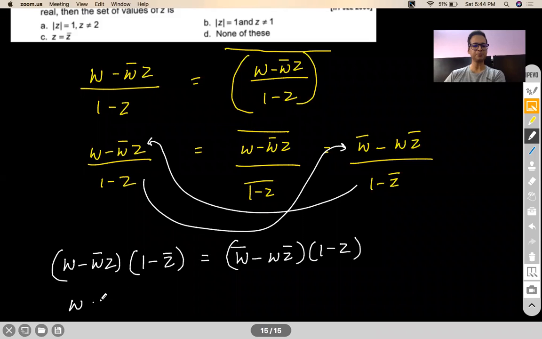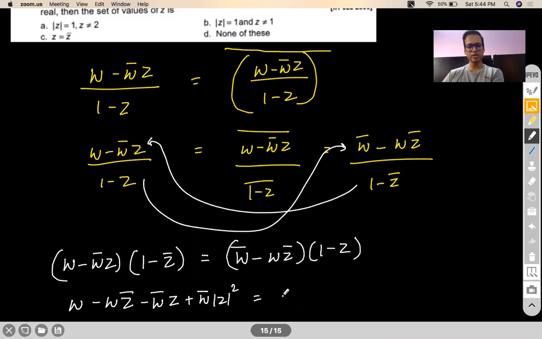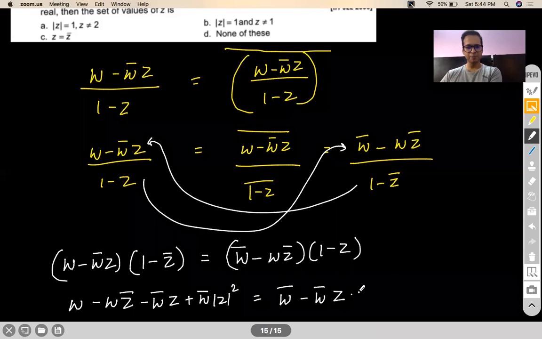So WZ conjugate minus W conjugate Z plus W conjugate mod Z square. Here also I'll have W conjugate minus W conjugate Z minus WZ conjugate and plus WZ conjugate square.